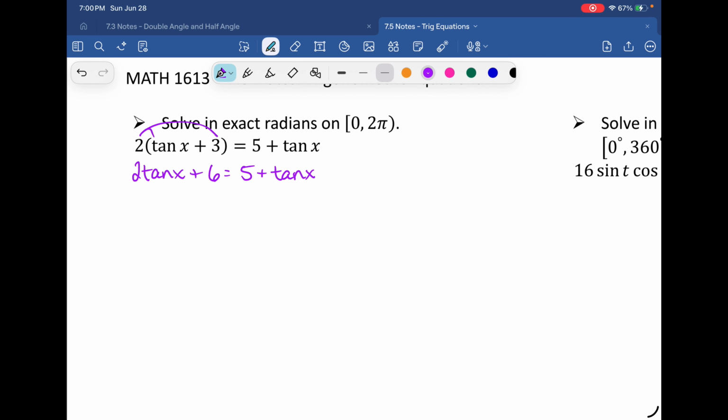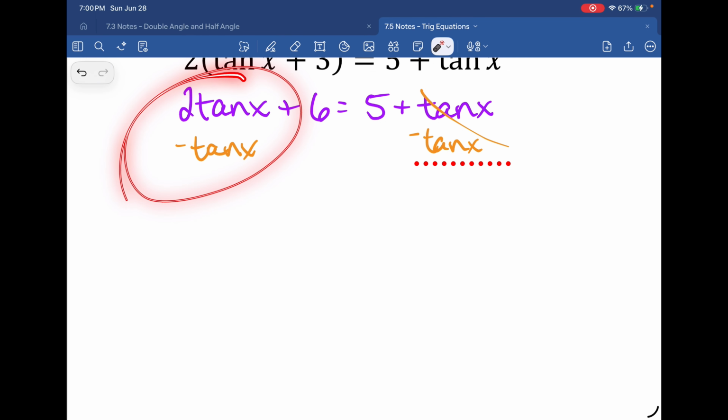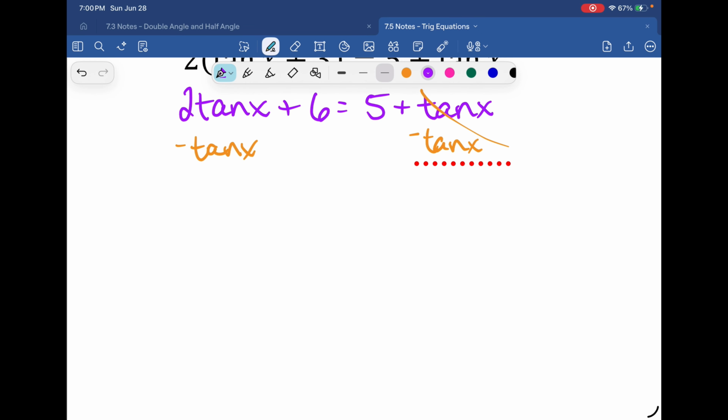I'm going to subtract the tangent x and isolate that as much as possible. Normally I wouldn't write this stuff out, but I want you to see what's happening. So when I take 2 tangent x and I subtract a tangent x, I get 1 tangent x. Subtract the 6.